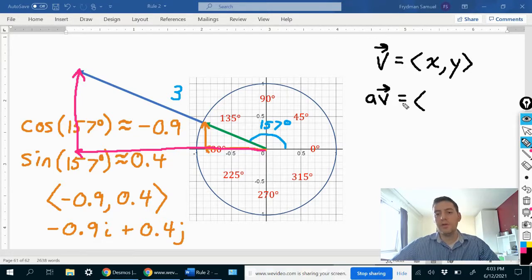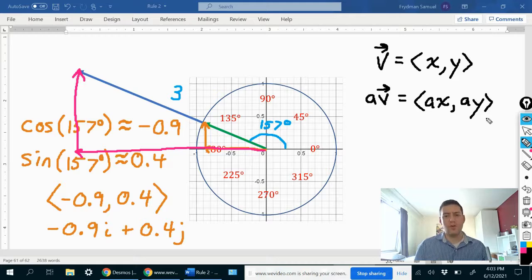So the new components of vector av would be ax for the horizontal component and ay for the vertical component. And it works vice versa also. If you multiply the components by some number a, then the vector itself would get multiplied by the same number a. So if we make this 3 times longer, then the components would be 3 times as much.